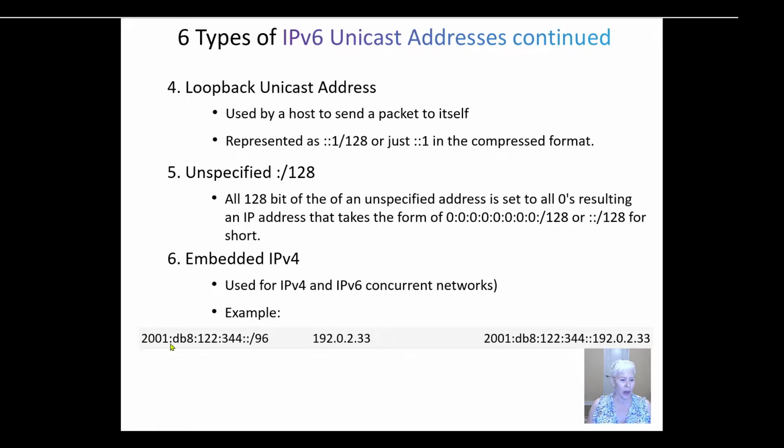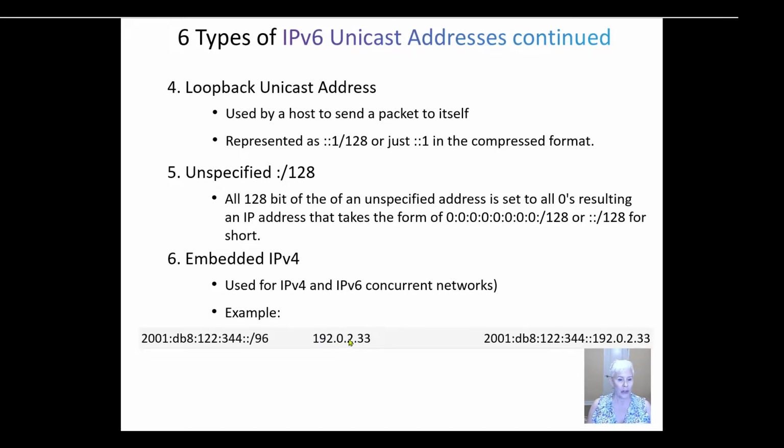So here's our IPv6 network, okay? And again, this is really deep stuff that we don't need to know for an entry-level Cisco job or for a CCNA, but you want to understand conceptually what it is, and that it is an IPv6 unicast address. So here's my IPv4 address, 192.0.2.33.